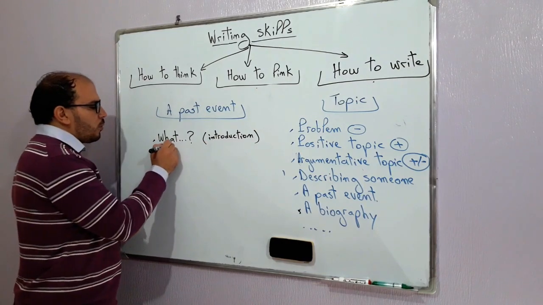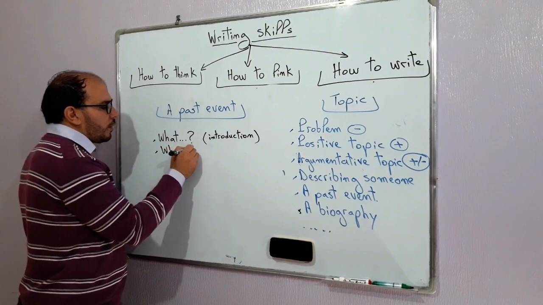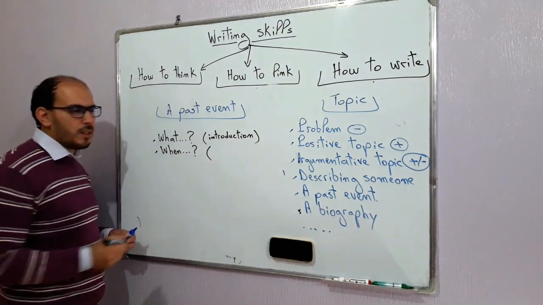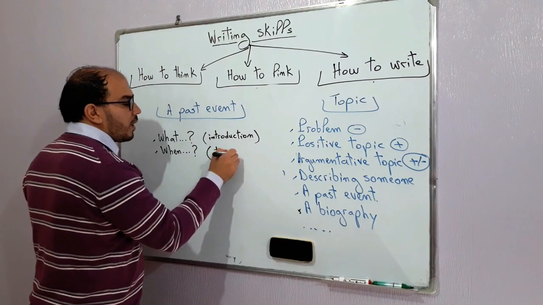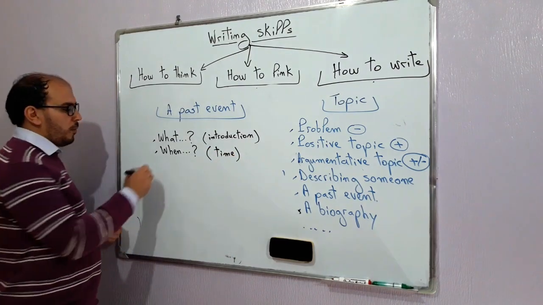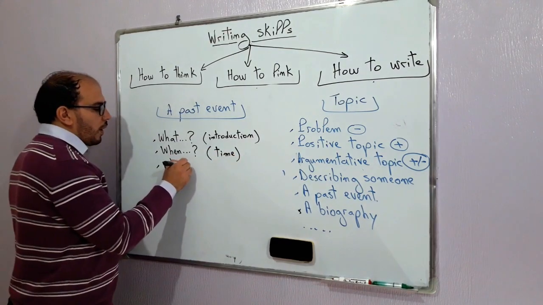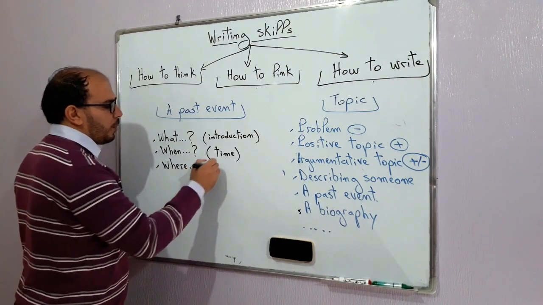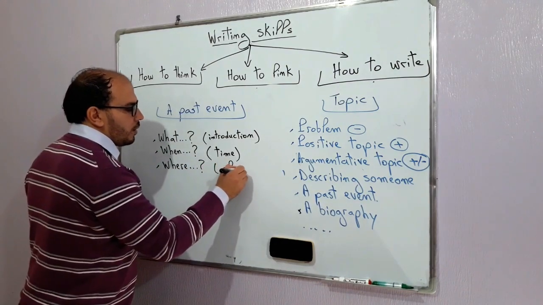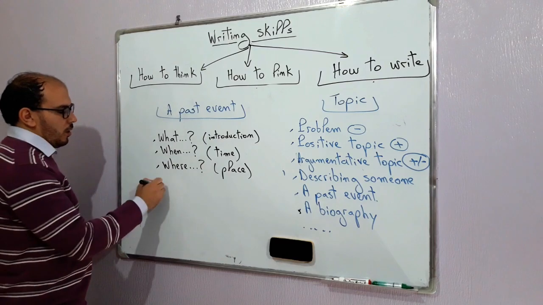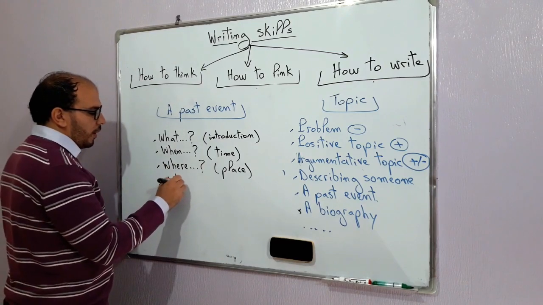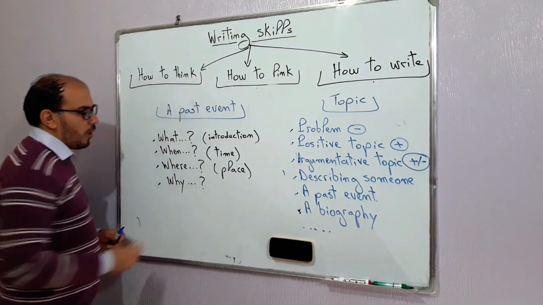Then I have to write about when. When did it take place in terms of time? So I should give time. Also where. Where did it take place? This is for the place. Also we have why. Why did it take place?